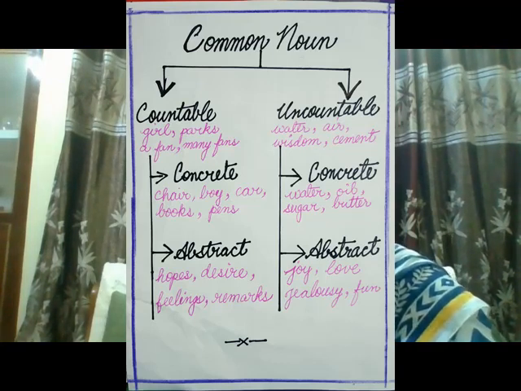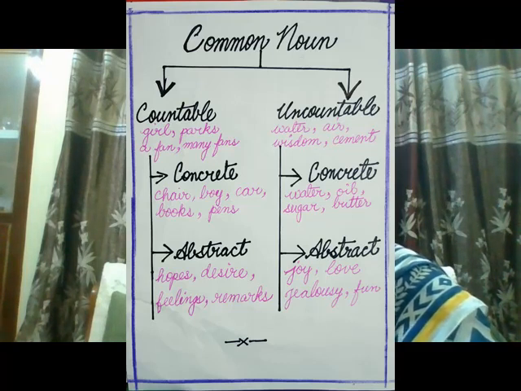Like chair. Chair means we are talking about a single chair, though the word a is not mentioned there. If we put the letter S at the end of chair, it will become chairs. As we add S, the form will change from singular to plural.